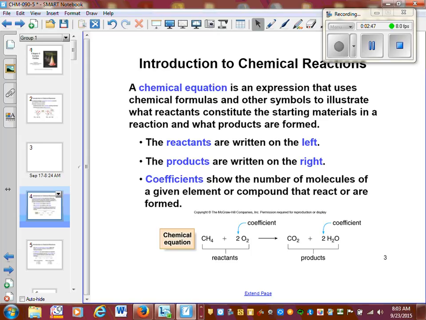That's what we're starting with. The right side of the arrow tells us what we end up with, or the products, what we're producing. Coefficients, which are the numbers in front of the molecules. If you don't see one in front of methane, that means it's 1. Shows the number of molecules of a given element or compound that react or form.